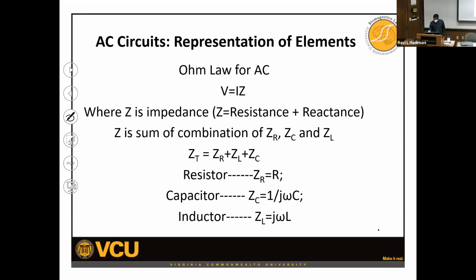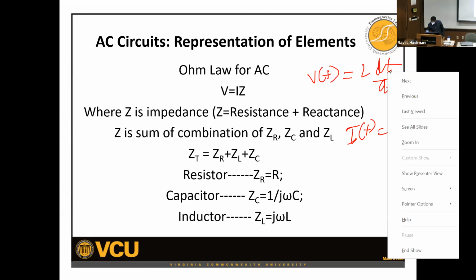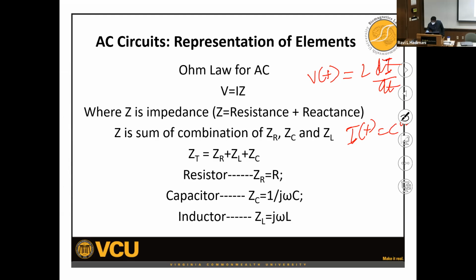Remember, V of t equals L into di by dt in an inductor, and in a capacitor, I of t equals C into dV by dt. Sorry, this is V, this is I.